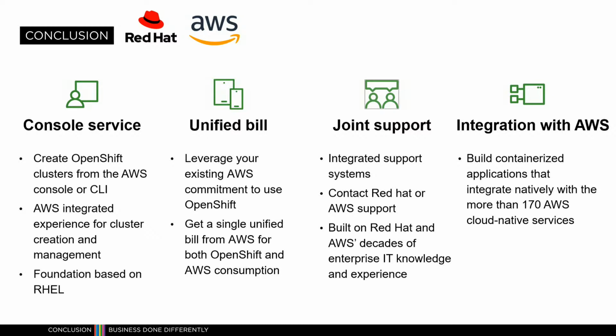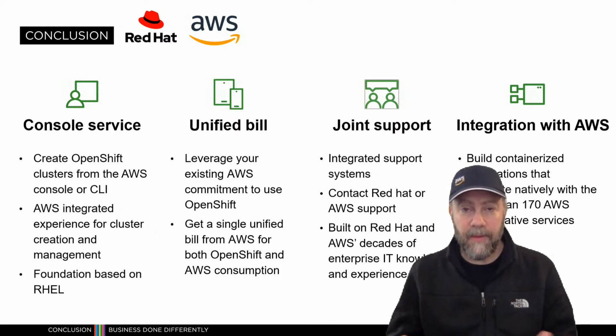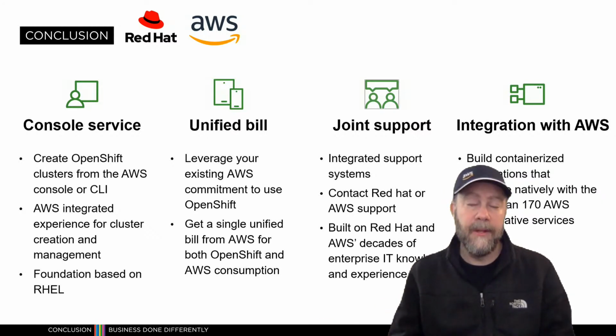So just like anything else on AWS, you click a button, you're up and running after a few steps on your own. You don't need to talk to Red Hat or anyone else as a separate vendor. And obviously, if you're being helped by a partner, the partner can do this on your behalf. And you're up and running within 30, 40 minutes with a fully managed cluster. So it's super convenient to get started. You can activate it on any account or multiple accounts.